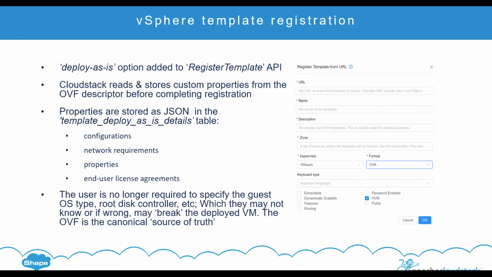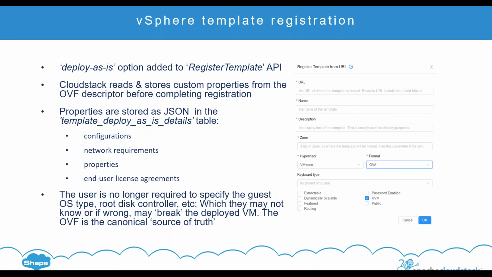So the first step in this process is registering the template. In terms of what the operator sees, and certainly the user sees, we are just using pretty much the same process. You're saying what you're importing, where you're importing it to, and what it is, i.e. the hypervisor. I'll skip a bit and come back to that at the bottom. We are storing those properties. We store them in a table in a database.